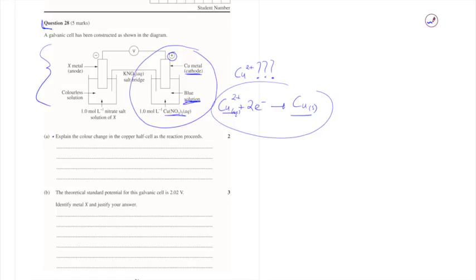So, explain the color change as reaction proceeds. Cu2+, and I'm going to add in my state, aqueous, is reduced to Cu solid, causing less Cu2+ in solution.